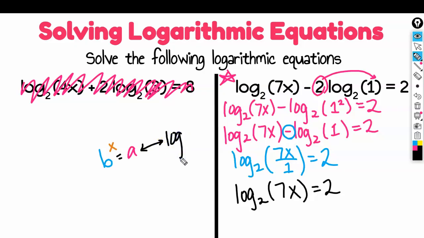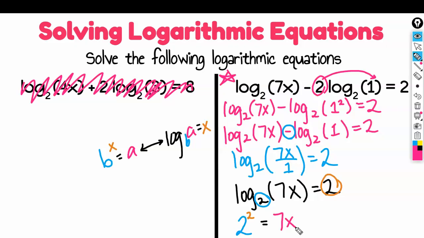I'm going to start out with my base. My base here is 2. My exponent also happens to be 2, just a coincidence. And then it equals 7x.